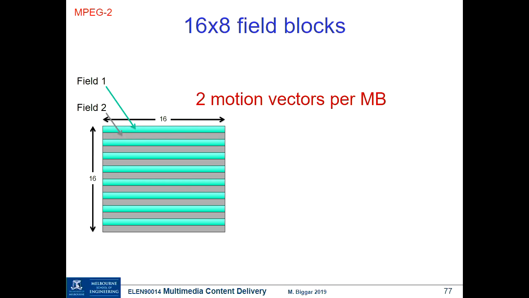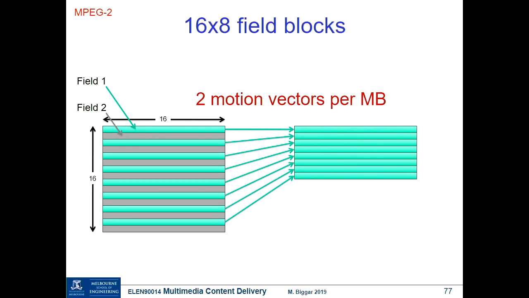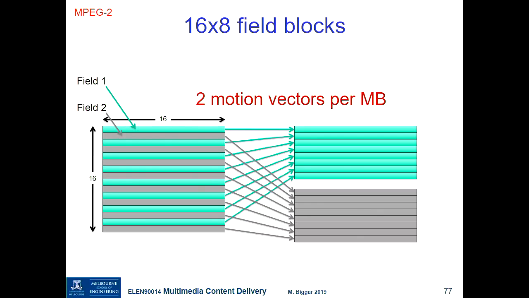But if we're going to have this problem that there's a poor correlation between the green scan lines and the grey scan lines, the two fields, then we allow for the possibility of separating them out and processing them according to their individual fields. Right, so all the odd lines are sent into one array, which is 16 by 8, and the even lines are sent into a second array, which is 16 by 8. And then we perform motion estimation for each of these just within their field.